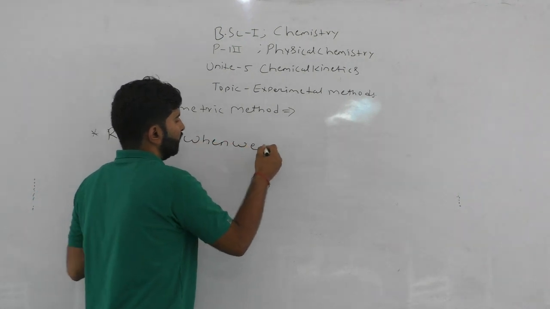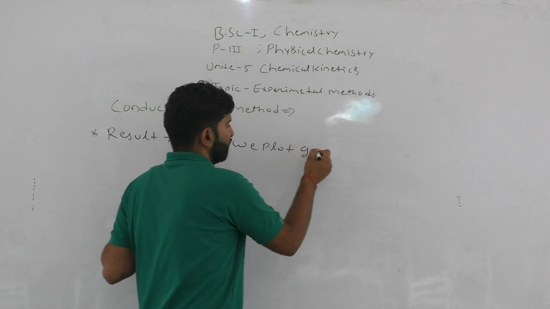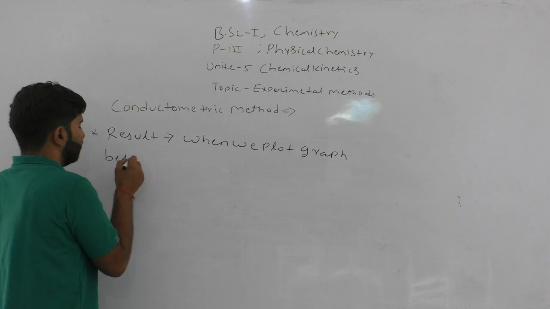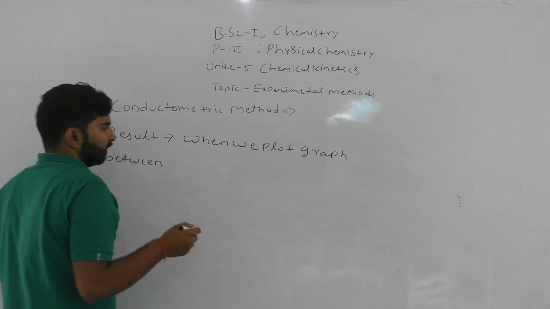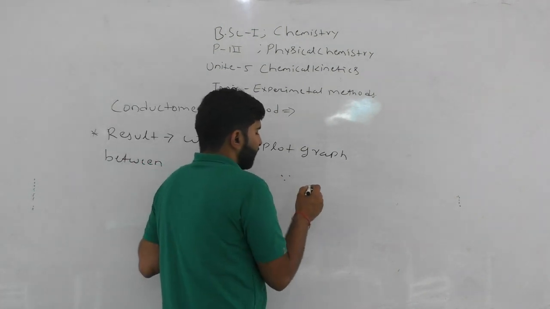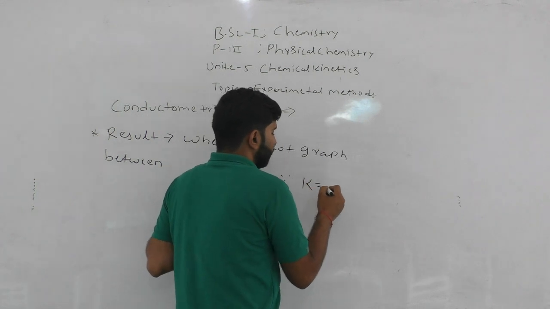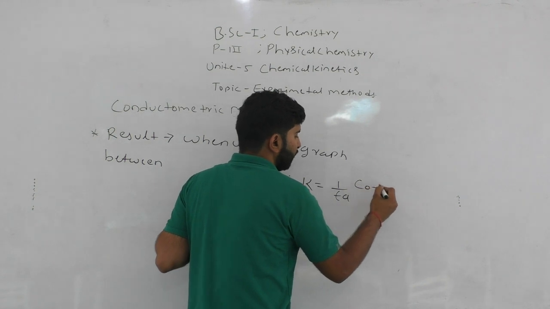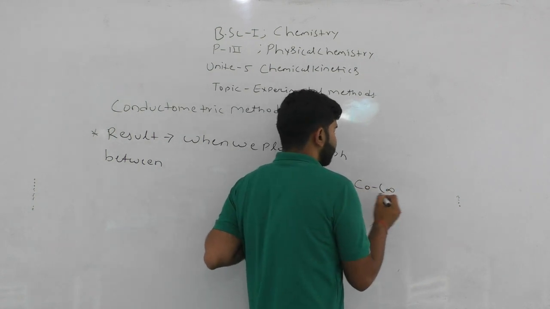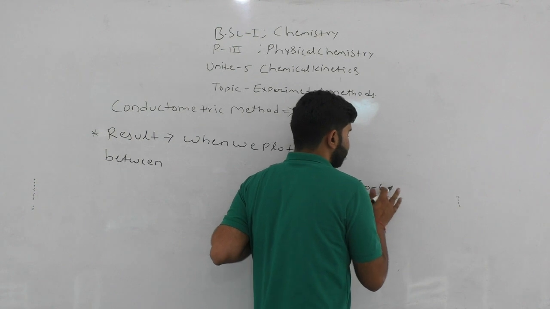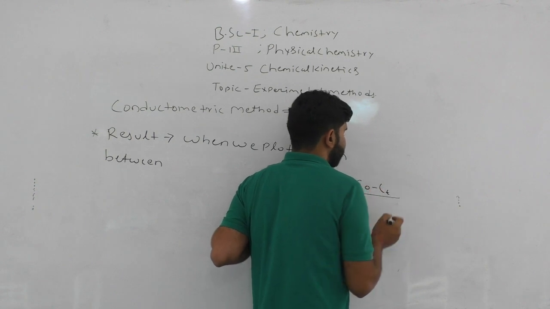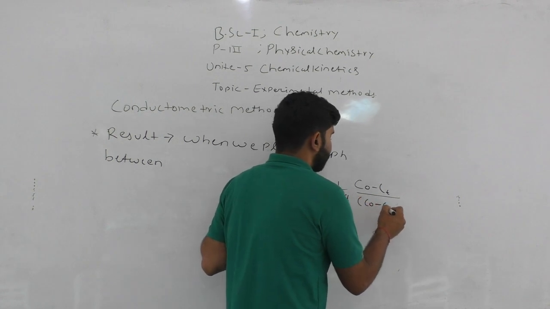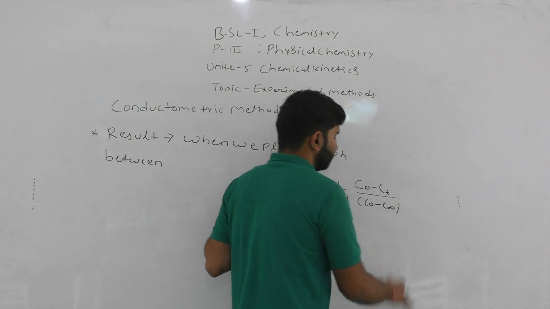When we plot graph between, since here K equals to 1 upon T, A into C naught minus C infinity, Ct, and this is C naught minus C infinity.